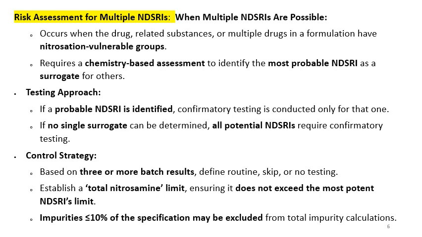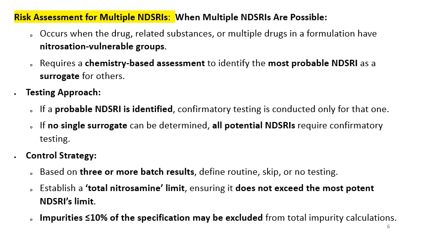This requires a chemistry based assessment to identify the most probable NDSRI as a surrogate for the others. Testing approach: if a probable NDSRI is identified, confirmatory testing is conducted only for that one. If no single surrogate can be determined, all potential NDSRIs require confirmatory testing.